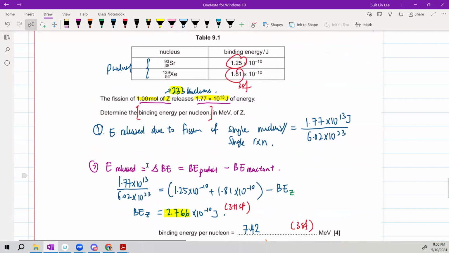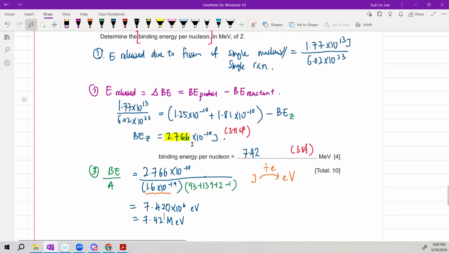And then the energy release, which is the energy of the reaction, is always the difference between product minus reactant. Yes, it's always product minus reactant, because it is becoming more stable. Just product minus reactant. Don't worry too much about the exothermic and endothermic.